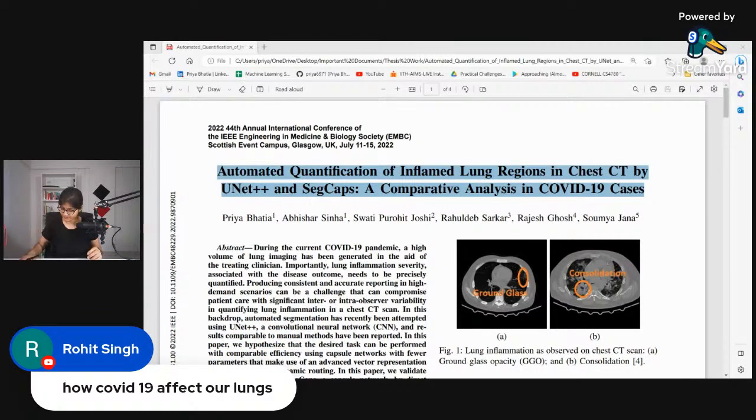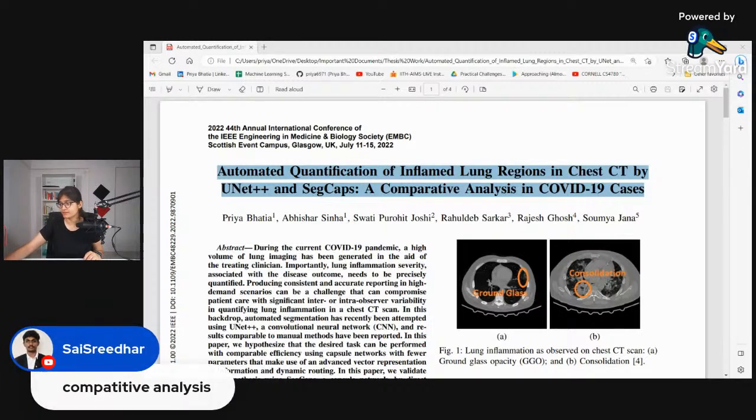So Rohit is saying it might be a paper which tells about how COVID-19 affects our lungs. Okay. Sai is saying it's maybe a competitive analysis. Between what? Say the exact words. A comparative analysis of what? Okay. Relation of COVID and lung.